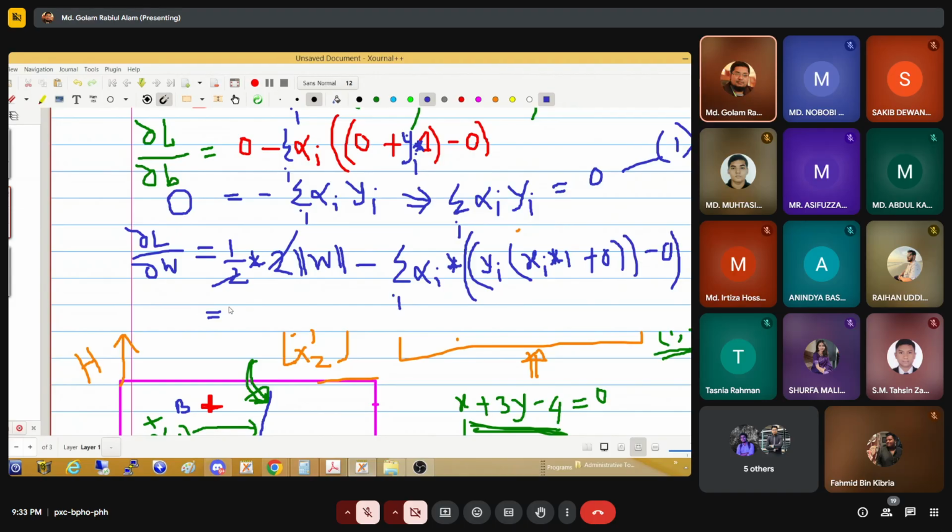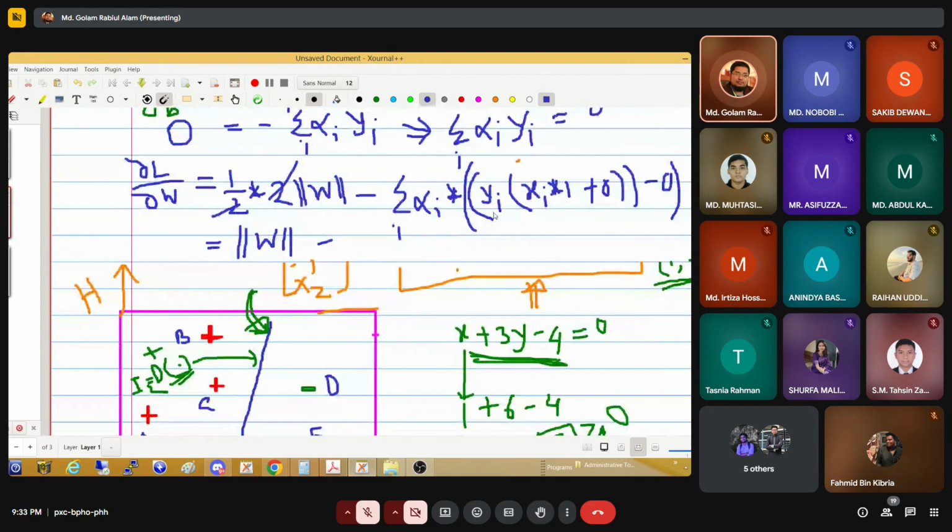So now here is the W minus alpha i y_i x_i. It means what we will get is alpha i, y_i and x_i. So that means it will be summation of i, alpha i, then y_i, then x_i.